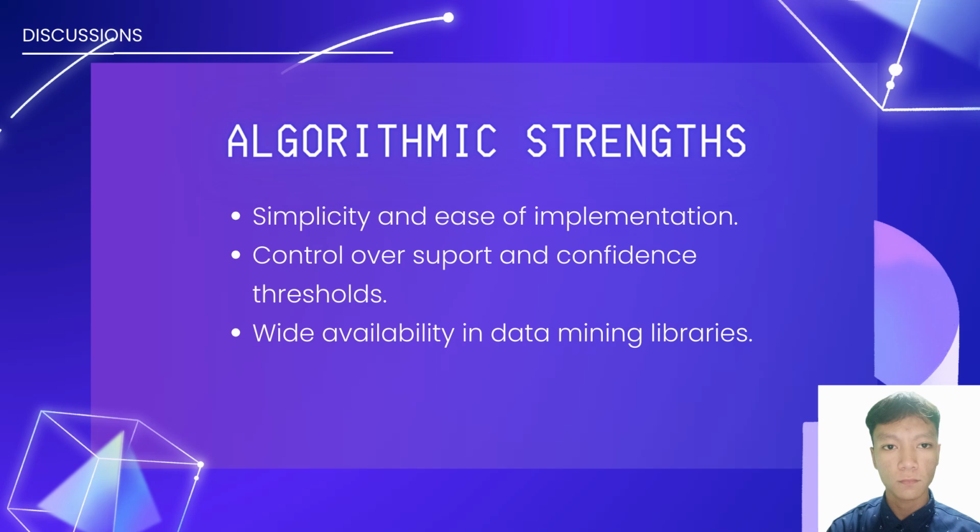Algorithmic strengths. Despite its computational complexity, the Apriori algorithm offers several strengths. Its simplicity and ease of implementation make it accessible to users across various platforms. Additionally, its scalability and efficiency, along with its capacity to handle large datasets and generate rules of any length and complexity, make it a valuable tool for association rule mining.